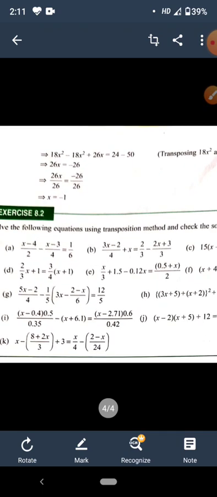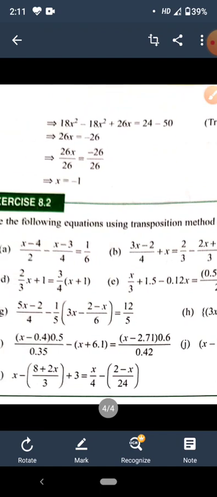Your base must be clear before starting this chapter. All rules of multiplication, addition, subtraction and division of the polynomials, and remember that like terms are added or subtracted. In I part, you can clearly see that x minus 0.4, 0.5 upon 0.35.